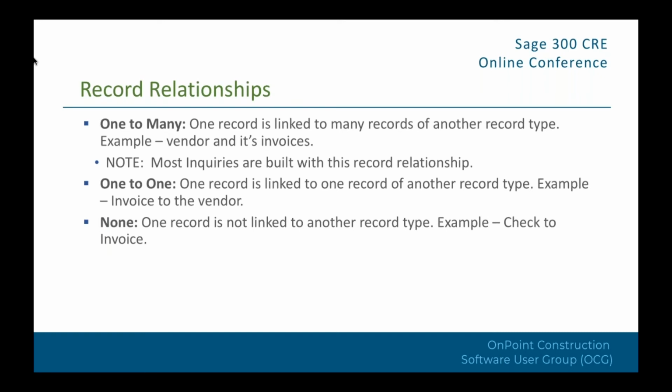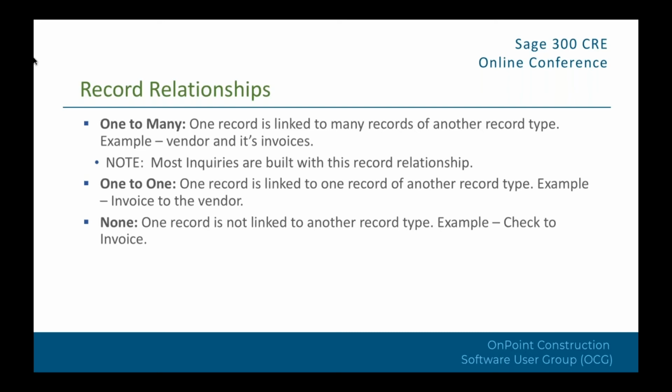On the record relationships, there can be one to many, which is one record linked to many records of another type. So it's like one vendor has all of its invoices, or one GL account has all of its transactions.